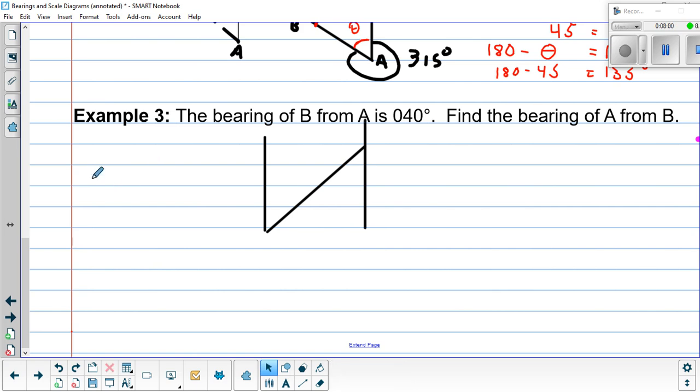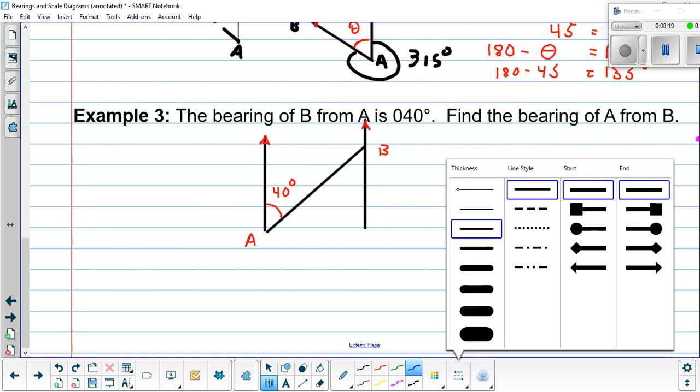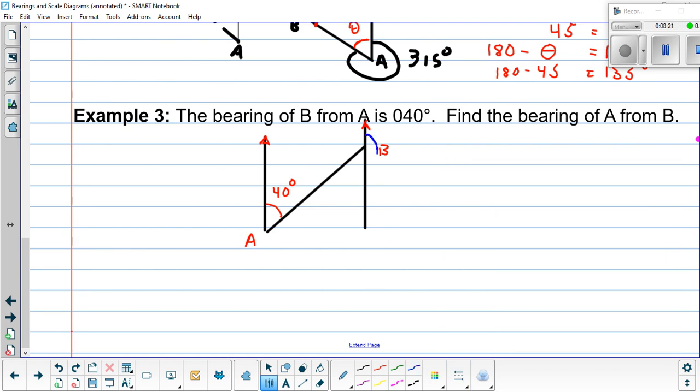Okay, so let's just quickly label everything. We know that this is A, this is B. We know that that is 40 degrees. And now, what are we actually looking for? If we know that that's that, we're looking for actually this.